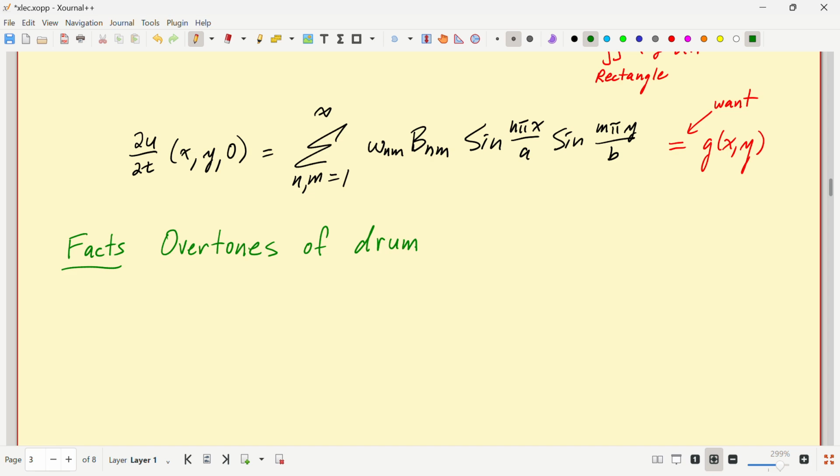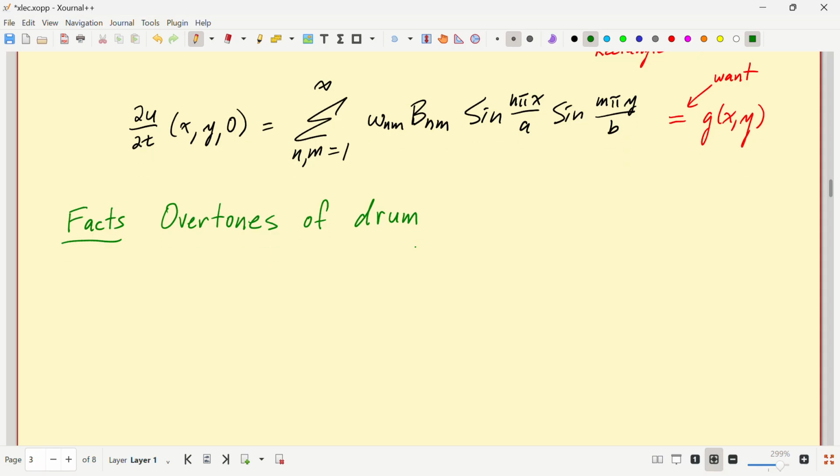If it was just a membrane with nothing underneath it, no volume of air, it would be noise. So overtones of square drums or rectangular drums are discordant.